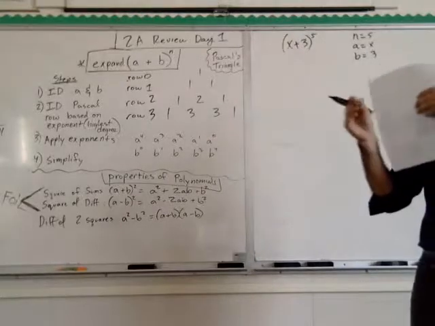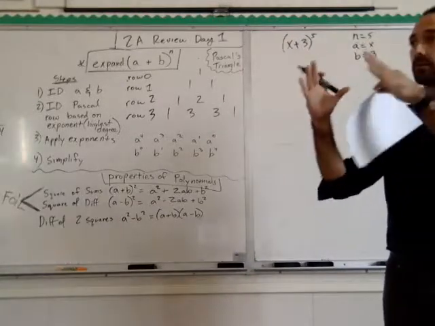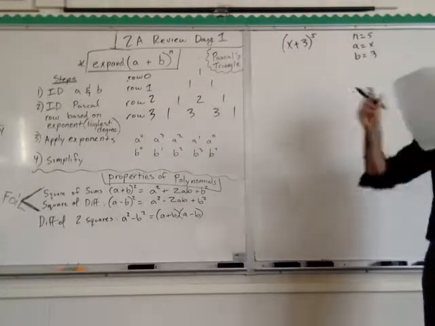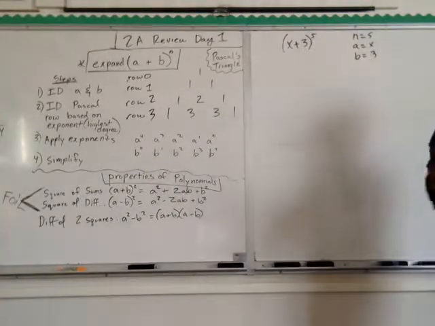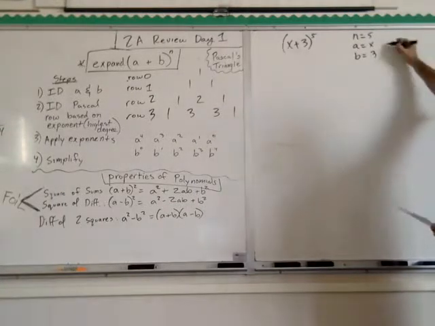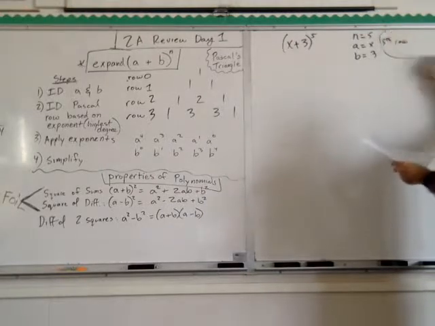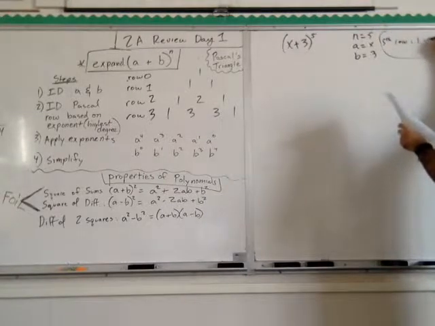The coefficients, the number in front of a and b, are going to be based on the 5th row. And the 5th row is, let's see, 1, 5, 10, 10, 5, 1.